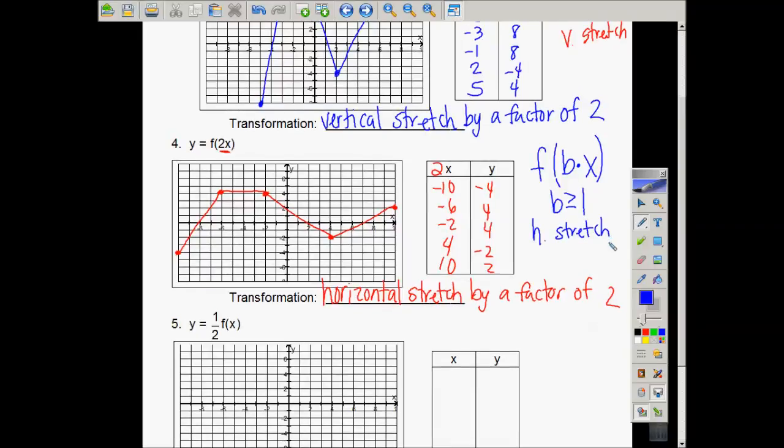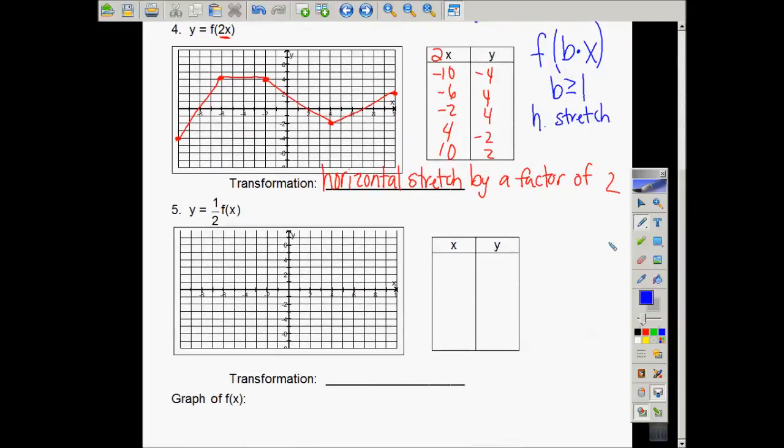All right, so now I have a half on the outside. Who am I affecting? Y. I'm cutting all Y values in half. But did I do anything to my X? No. So my X's are gonna stay the same. You're basically dividing it, right? I'm not dividing by a half.